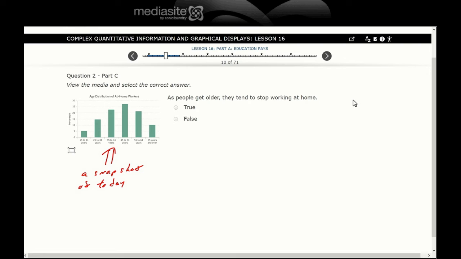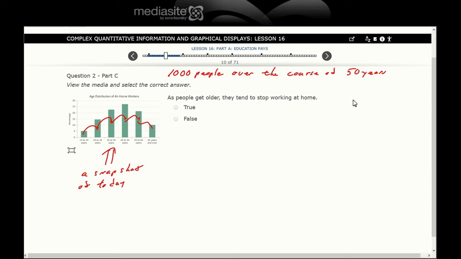We're not looking at 1,000 people over the course of 50 years. We're not looking at the population as it ages. We're looking at the snapshot.